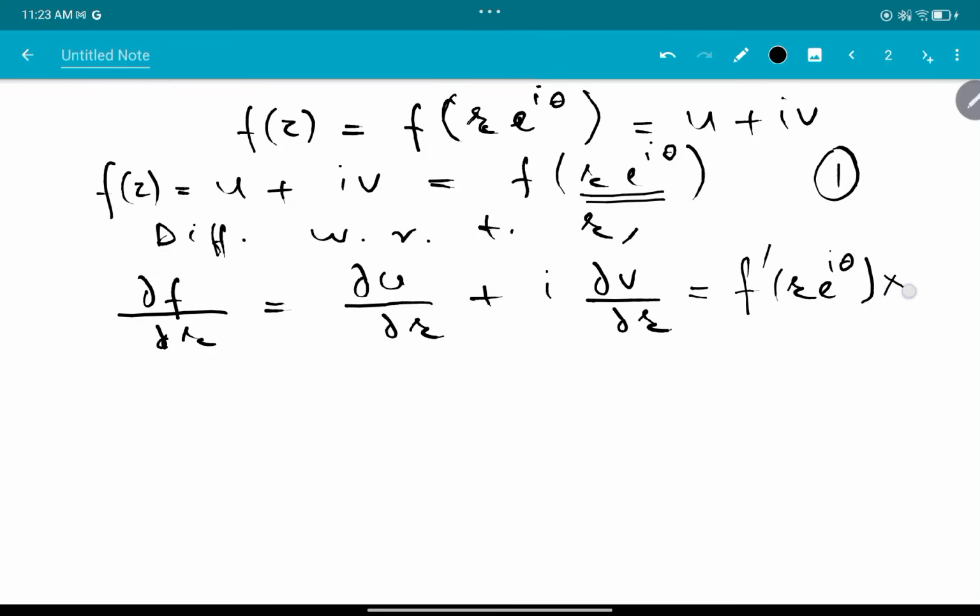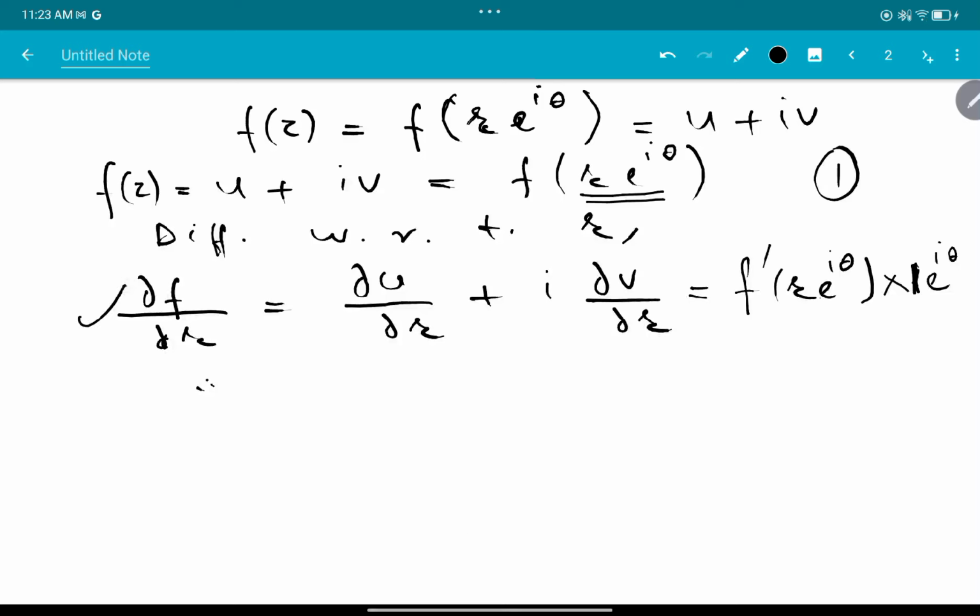When you differentiate this with respect to r, you will first get, in place of r, you will get 1. And this is a constant. This will be treated as constant. So it is simply e raised to i theta. Therefore, I don't need this first term.